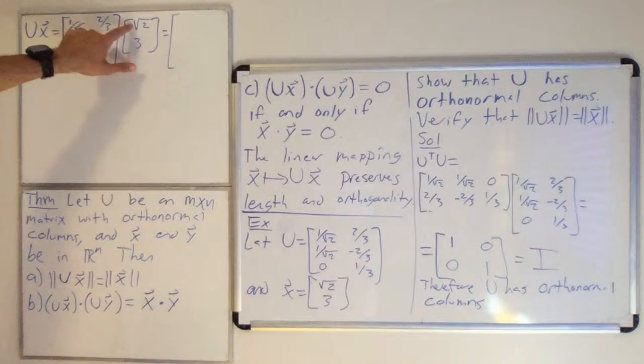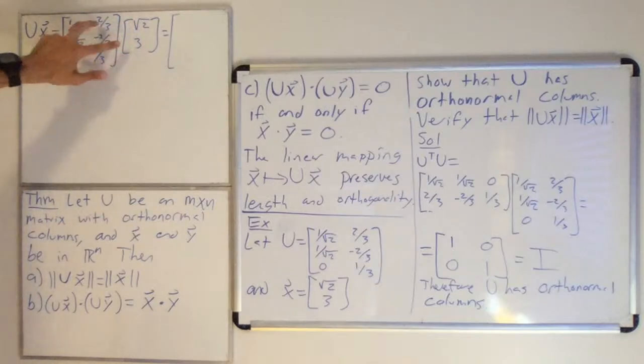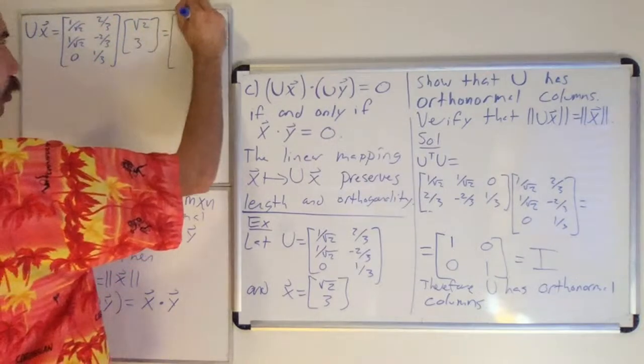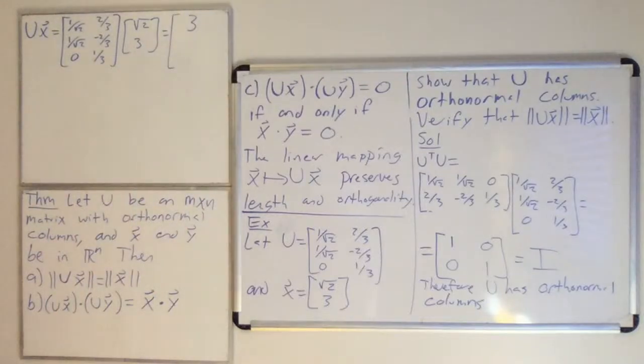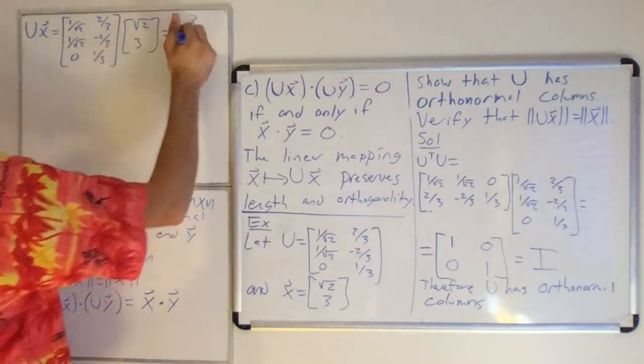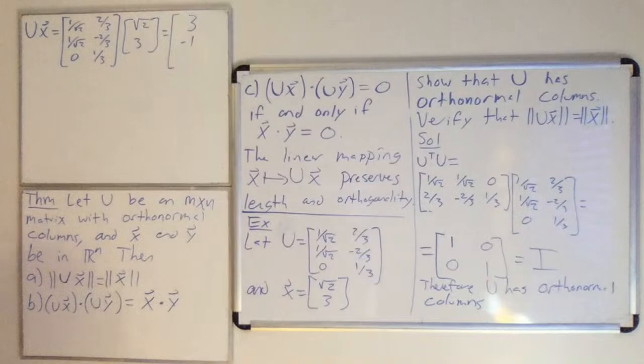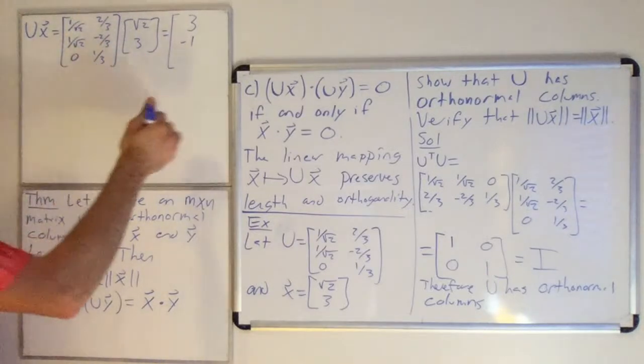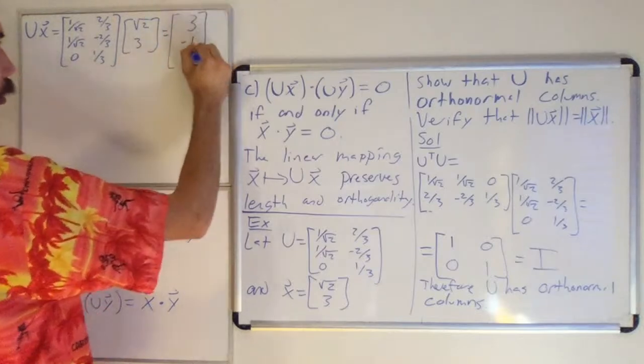It's 1 plus 2 is 3. 1 minus 2 is minus 1. And 0 plus 1 is 1.